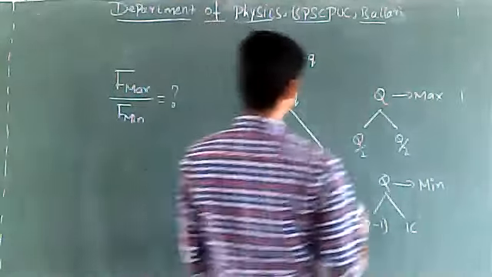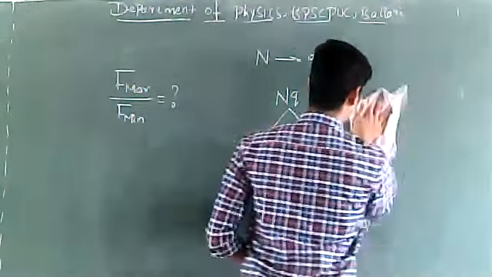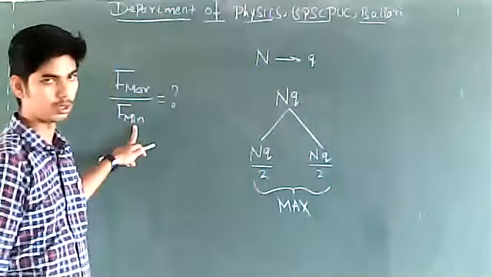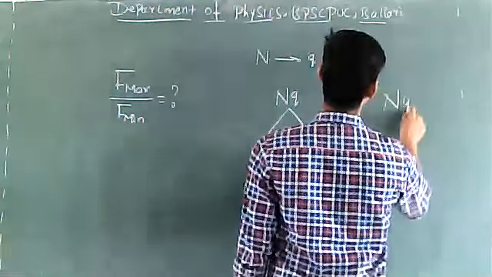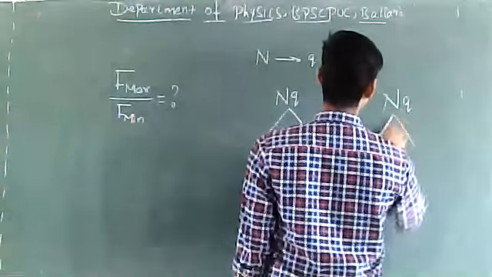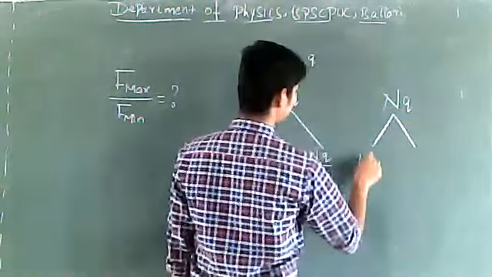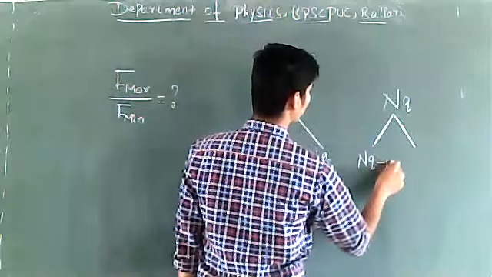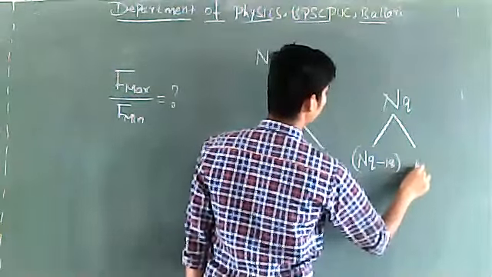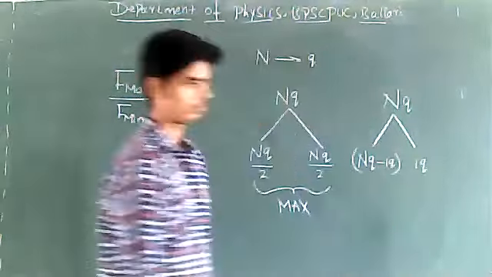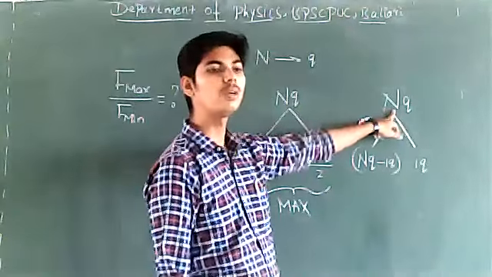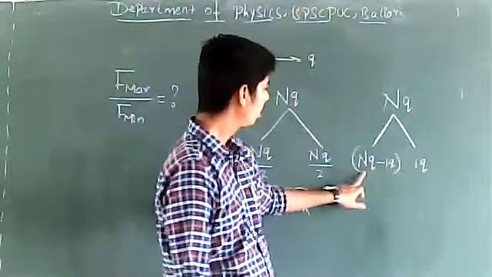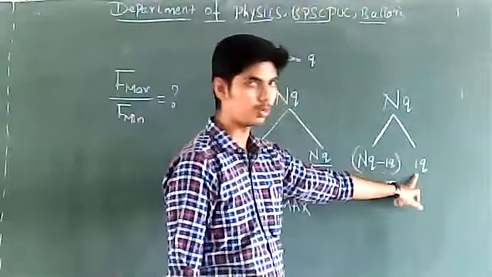And also we have to calculate the minimum force. For the force between two parts to be minimum, the given charge must be divided as nq minus 1q and 1q. The total charge is nq. You have to divide it into two parts, nq minus 1q and 1q.